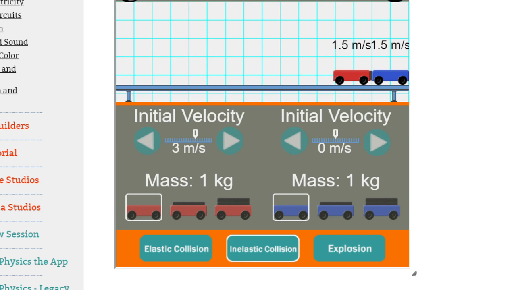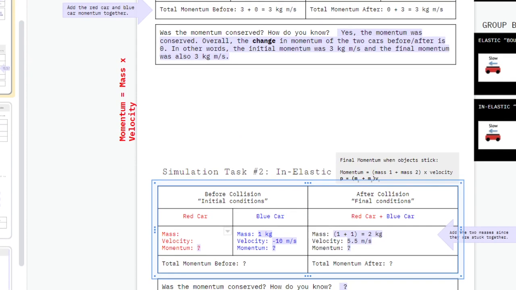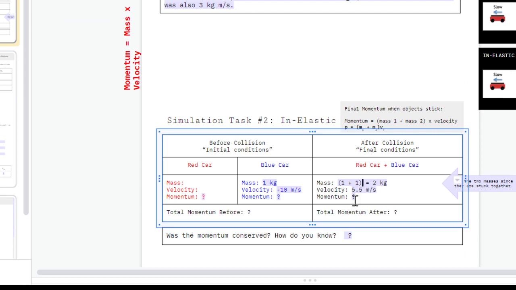So the difference here when you're filling out your simulation chart would be that the initial conditions are going to be exactly the same, the same process, just fill out the data, but the final conditions are going to be, well, we don't have two separate masses anymore, we just have one mass, and we get the value for that by just adding the two separate masses together, because now they are moving as a single unit.